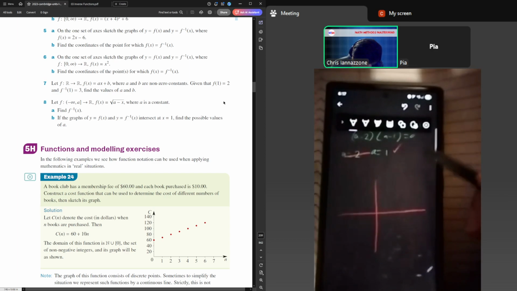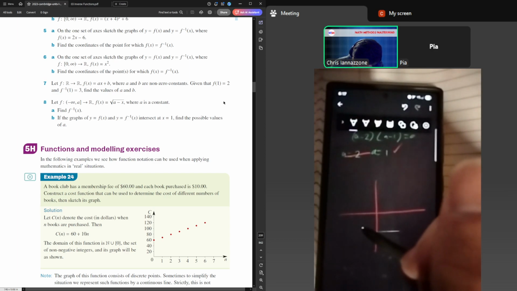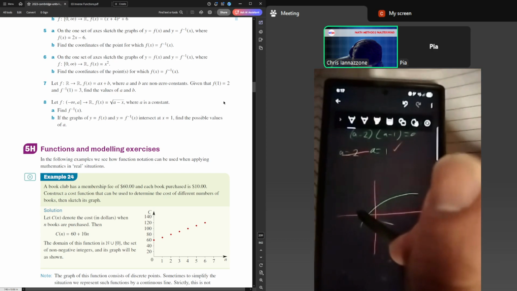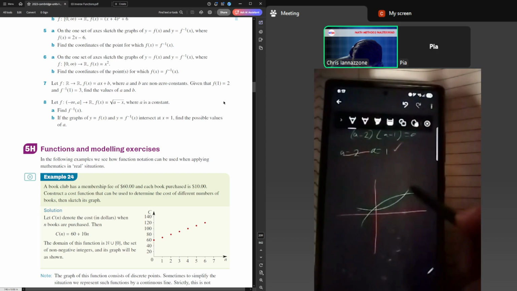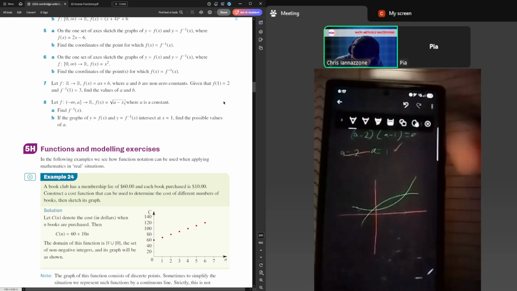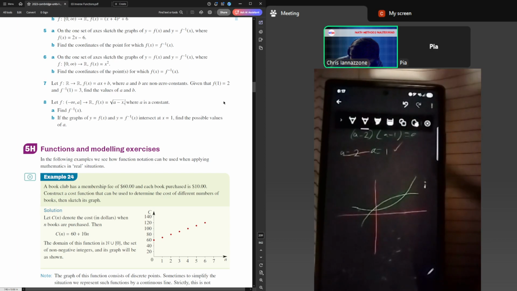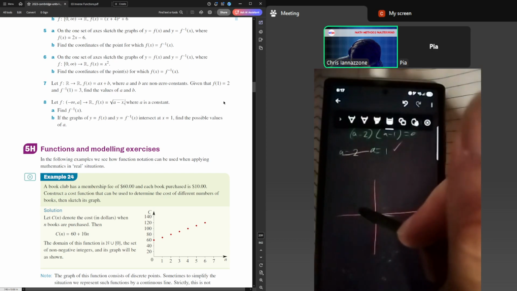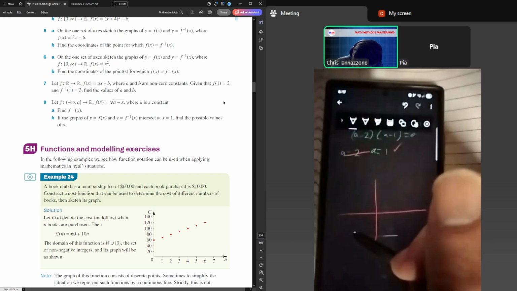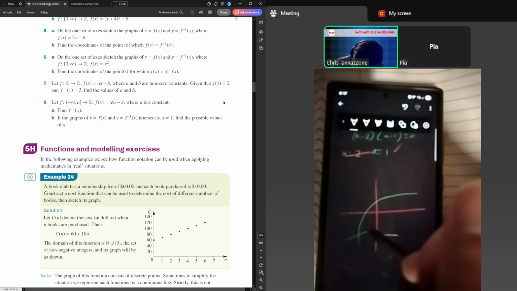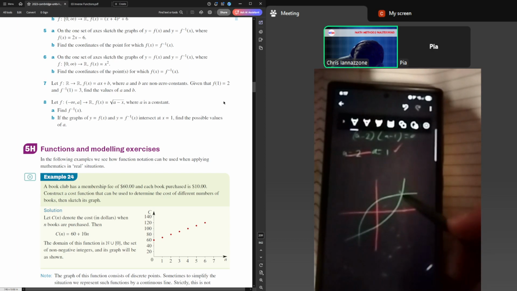Let's say you have a function like this and its inverse like this. I know it's not really to scale, so let's fix that. Let's make it actually an inverse pair. This and like this. Cool.